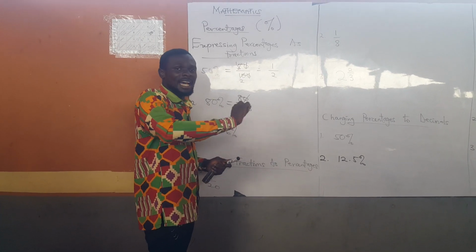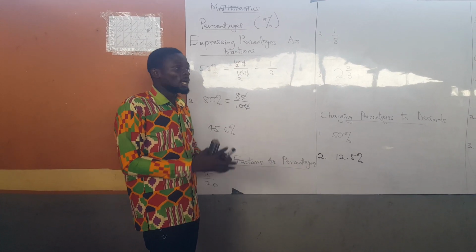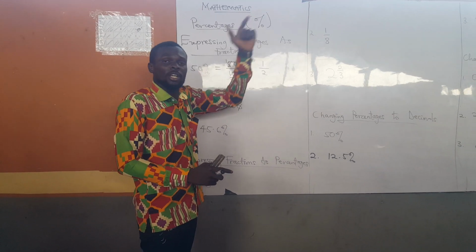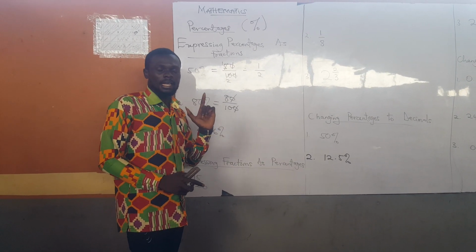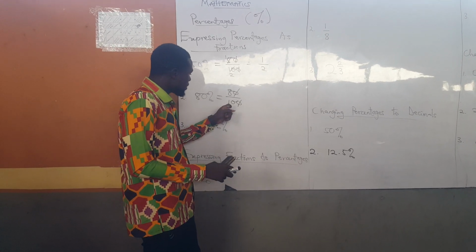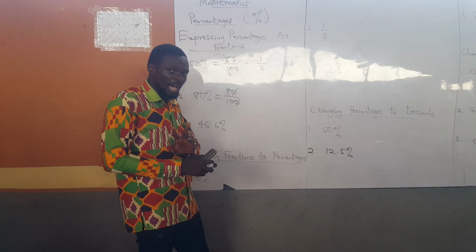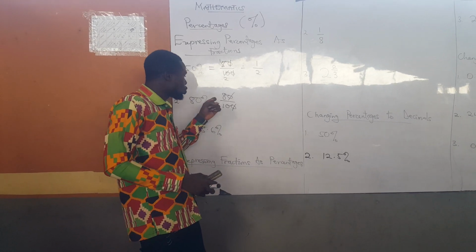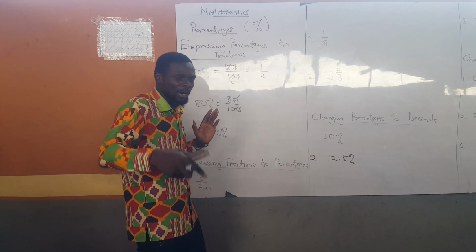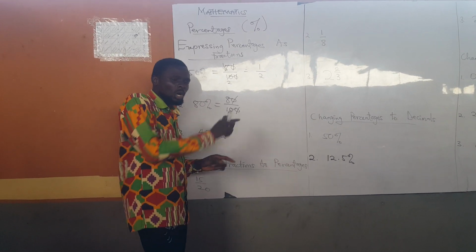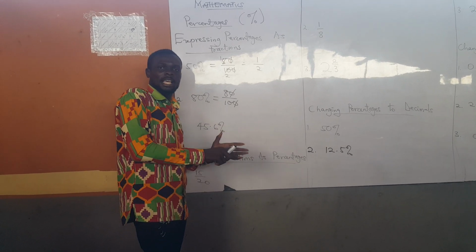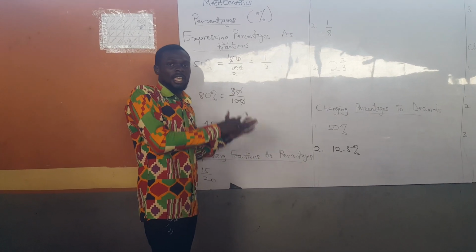With the 8 over 10 that you are having, ask yourself, is there a number that can go into the numerator and go into the denominator? Yes, there is. If you use 5, for instance, 5 can go into 10 2 times, but 5 cannot go into 8. So you are not going to use 5. Now we are going to use 2. 2 can go into 10, and this same 2 can go into 8.